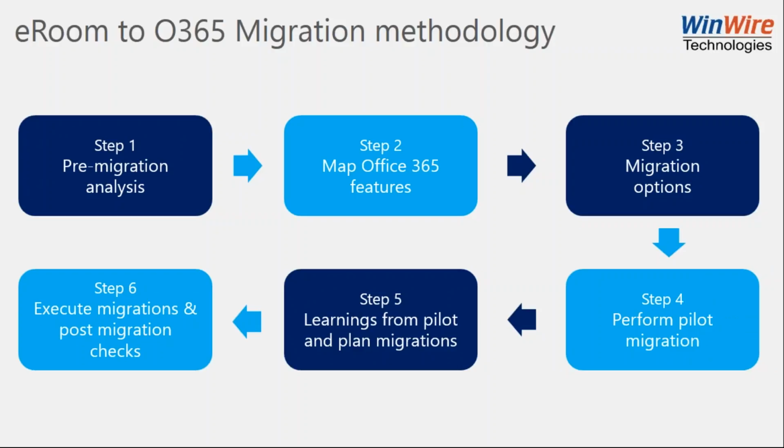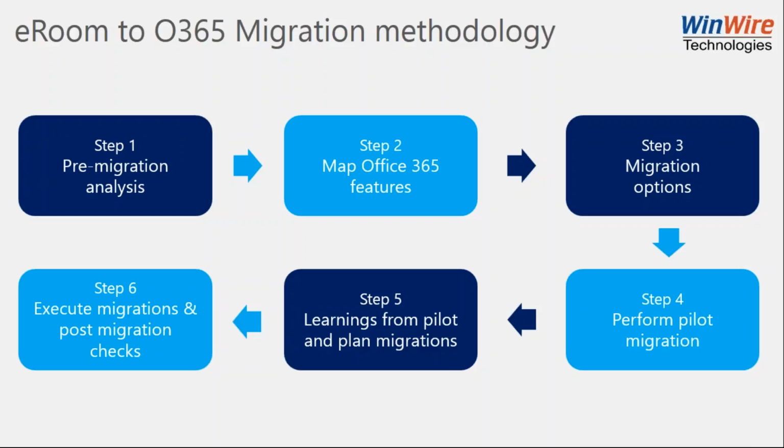The first step being a pre-migration analysis. Then we start mapping the features, because if you just talk eRoom to SharePoint migration, there are a lot of off-the-shelf products which will help you directly migrate it. But even for that, you need to know which container you will choose. Whoever is familiar with eRoom will know about the containers I'm talking about.